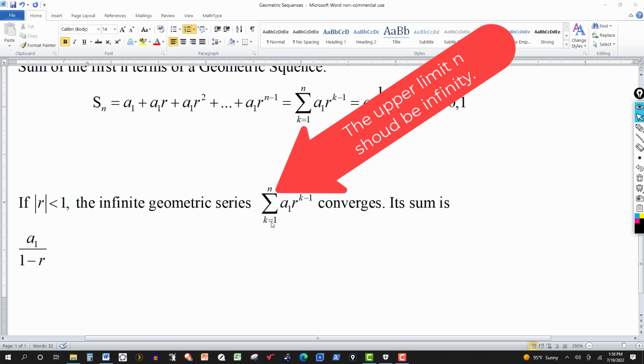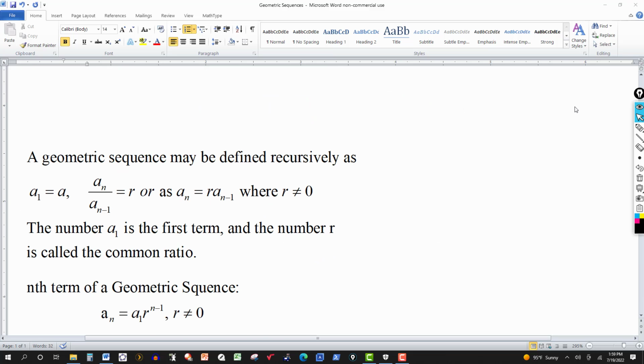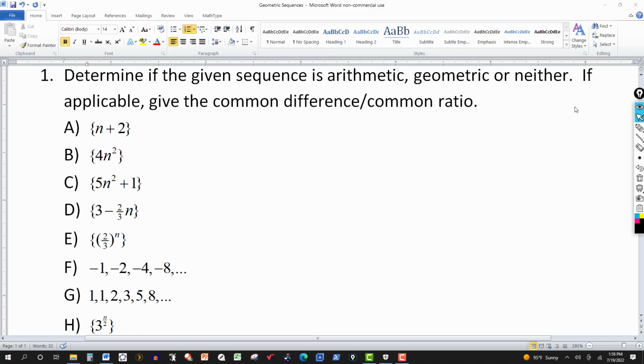That means it adds up to something. It doesn't get larger and larger or smaller and smaller. Its sum is finite, A sub 1 over 1 minus R. So we're going to use these formulas in the next video. But for this one, we're going to stay very basic, just to introduce the concept.